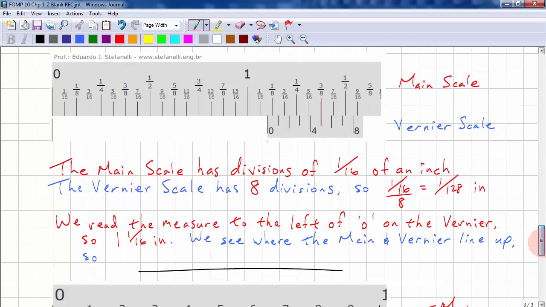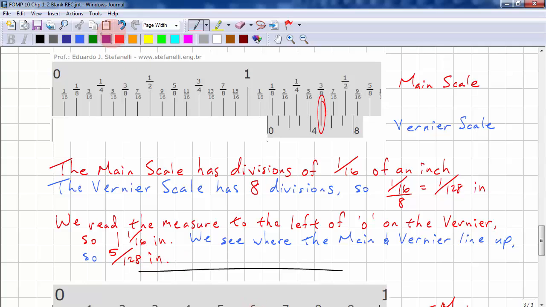Then we see where the main scale and the Vernier scale line up, and we see it's this point. So we take the 5 and multiply it by 1/128th of an inch, so we have 5/128ths of an inch.